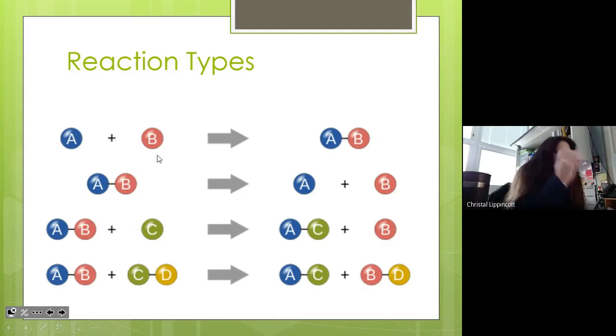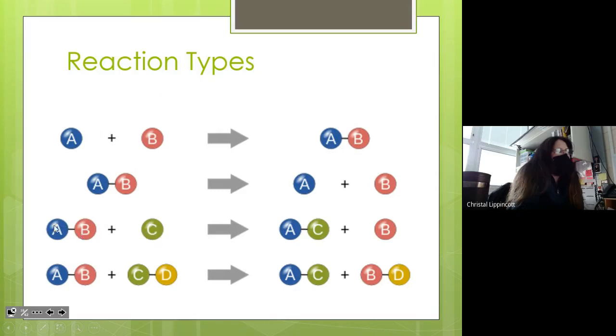But this is the idea where for this first type, we take two separate things and we bring them together and we make one thing. And that's called synthesis. Here we have two things that are together and we break them apart. So that's decomposition.